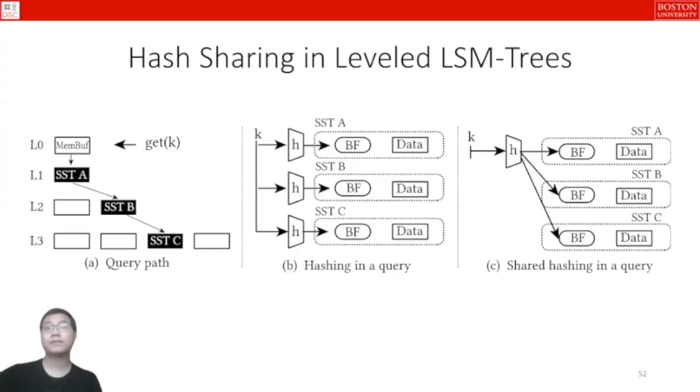To solve the above problem, we propose hash sharing as follows to reduce the CPU overhead. Now we focus on the leveled LSM trees. As shown in the left-hand side figure, when a GET request is being processed in the LSM tree, it has to iterate every level until it finds the key.